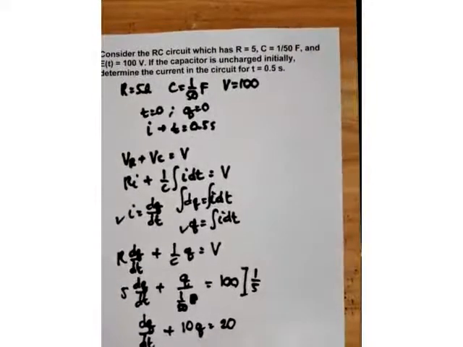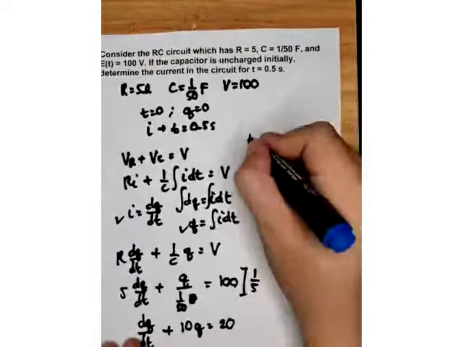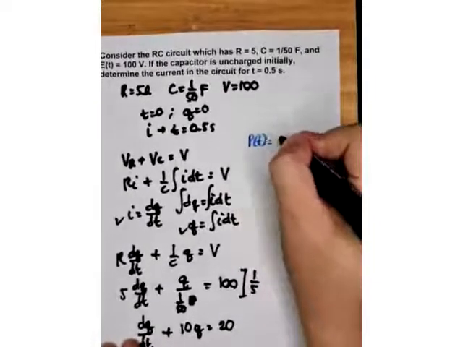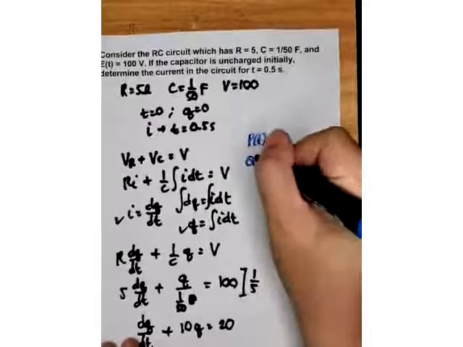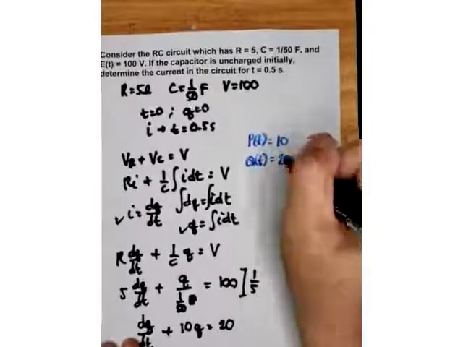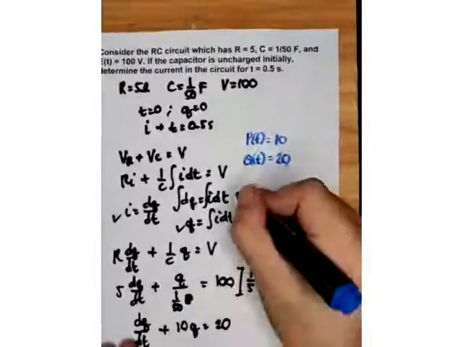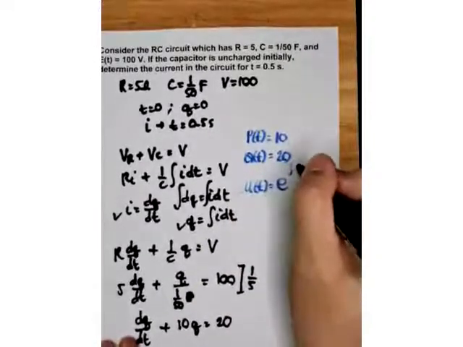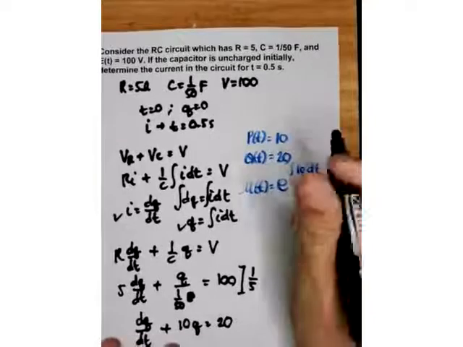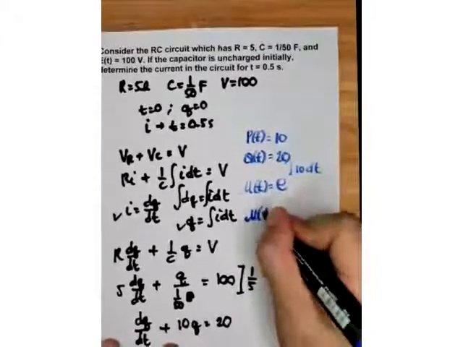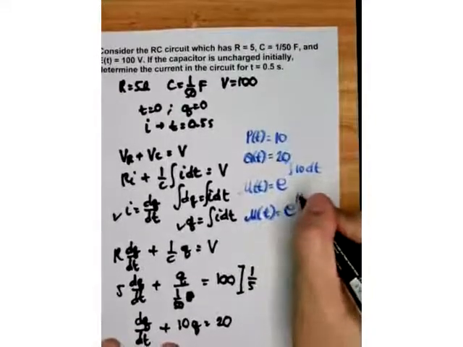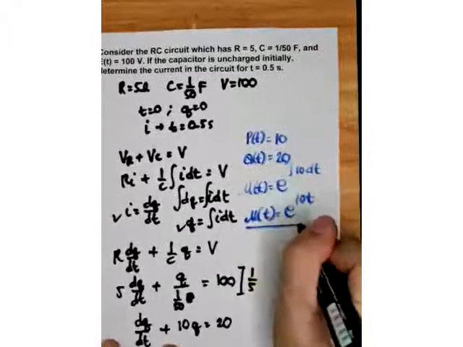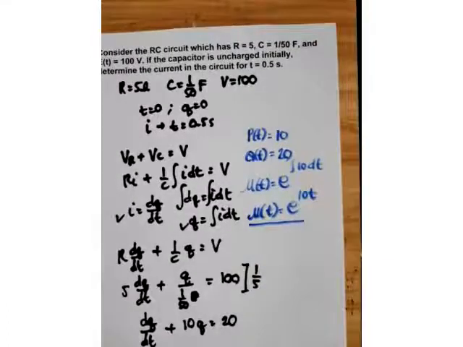So, that means, okay, so what is our P of t? Okay, P of t is 10. And then Q of t is equal to 20. So this is linear equation. So the integrating factor is equal to e raised to the integral of 10 dt. So therefore, the integrating factor is equal to e raised to 10t. So that's our integrating factor.